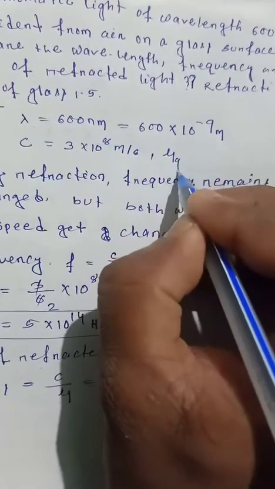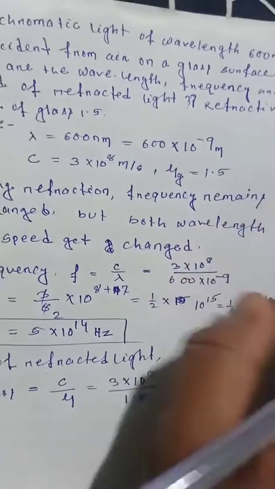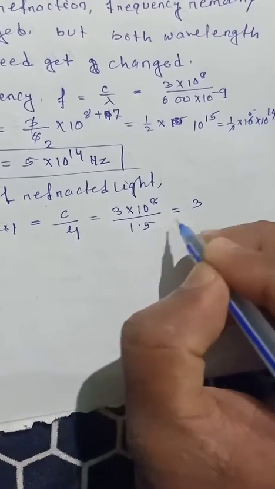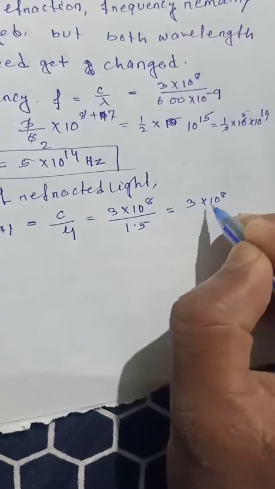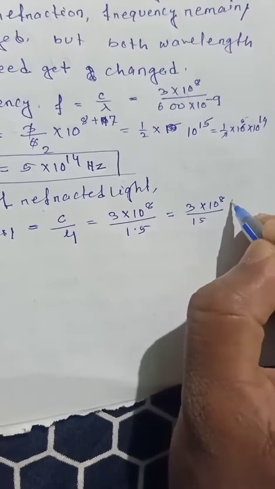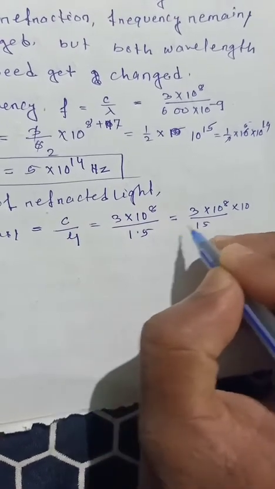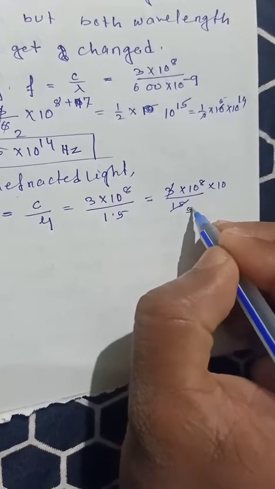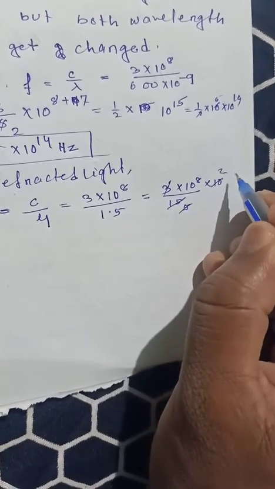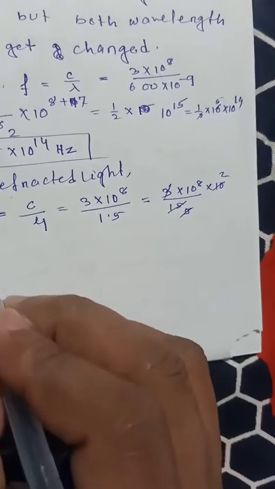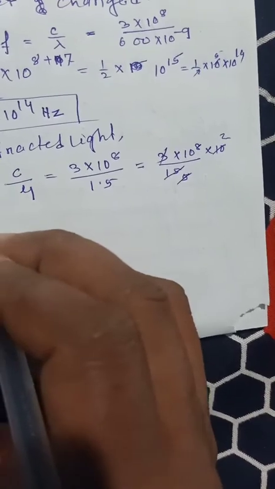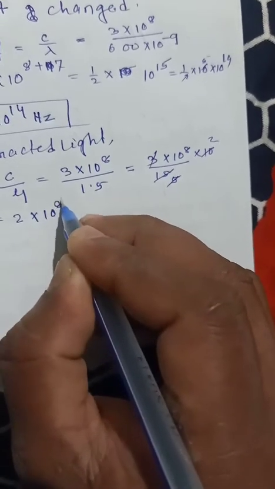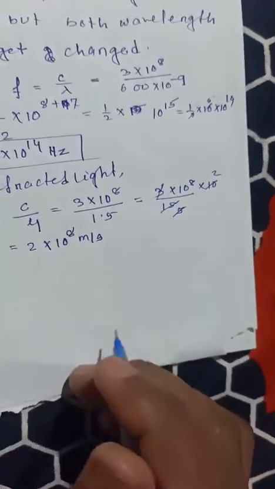So 3 into 10 to the power 8 divided by 15 by 10, which gives speed of glass equal to 2 into 10 to the power 8 meter per second.